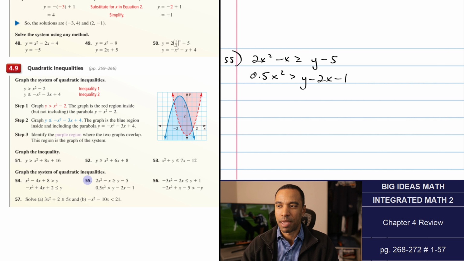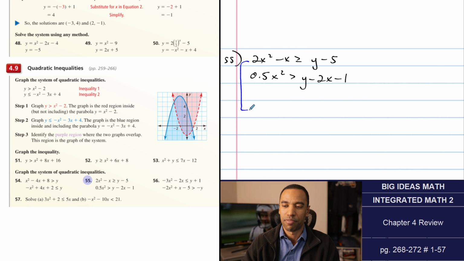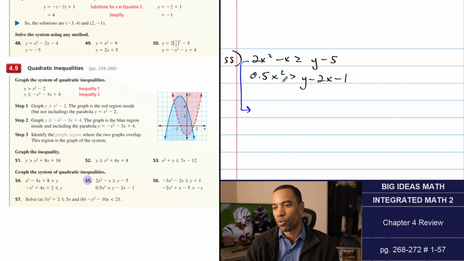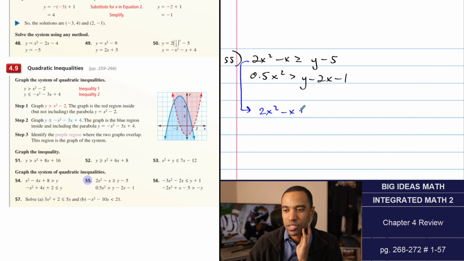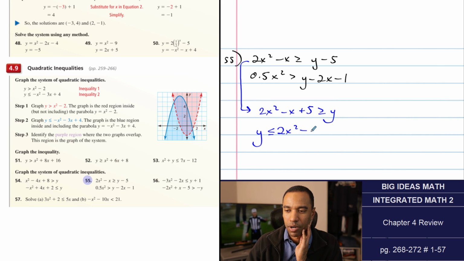I'm going to be getting y by itself on both of these, but I'm also going to put it on the other side of the inequality in a bit. So 2x squared minus x plus 5 is greater than or equal to y, or y is less than or equal to 2x squared minus x plus 5, is one inequality.